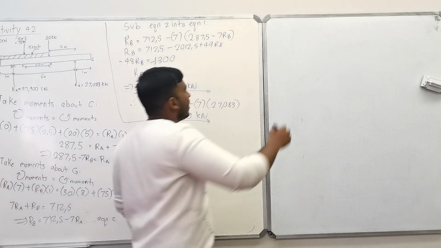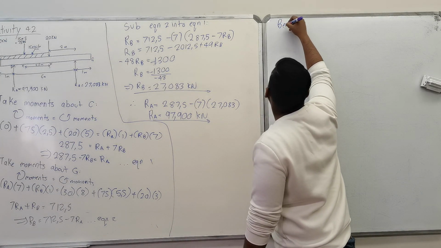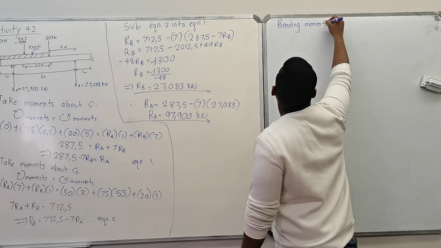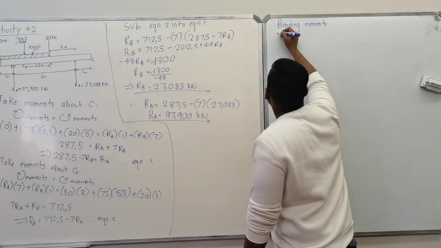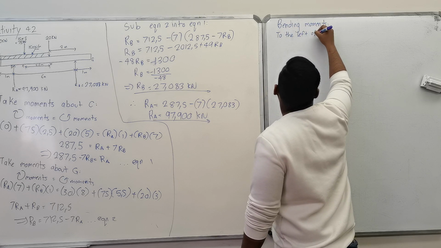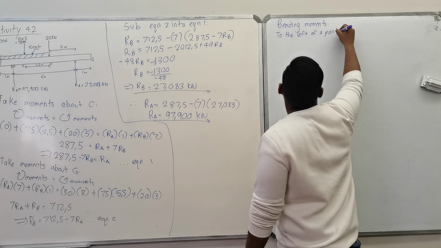Let me write here. Okay, so when I say bending moments, if we're looking at a point, which side would we look at? So you look to the left of a point.